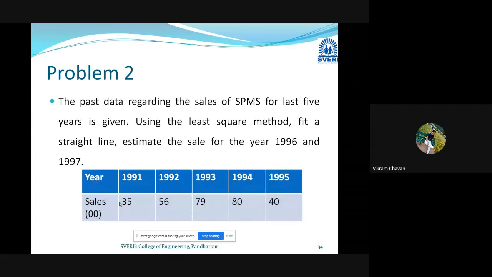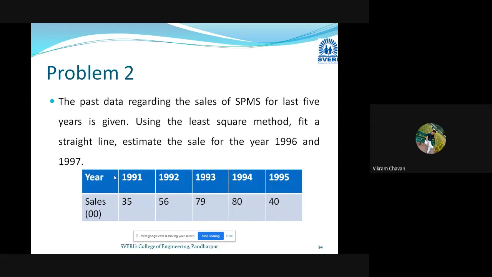Okay, so which year should you consider as the origin year for the deviation? The series given consists of 5 years, 1991 to 1995, so an odd number of years is provided.